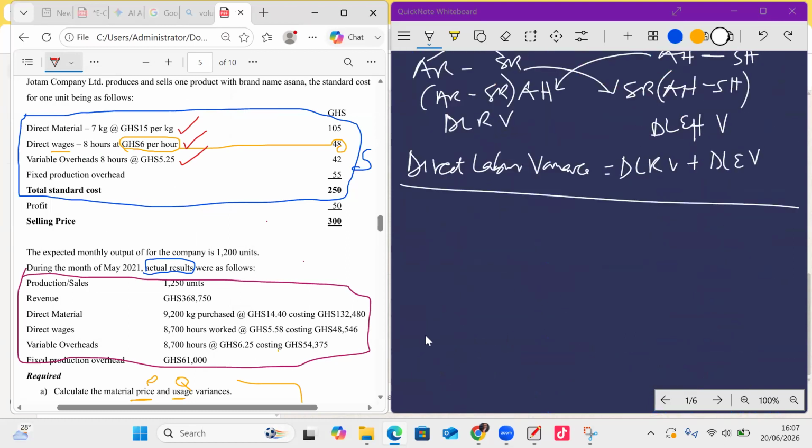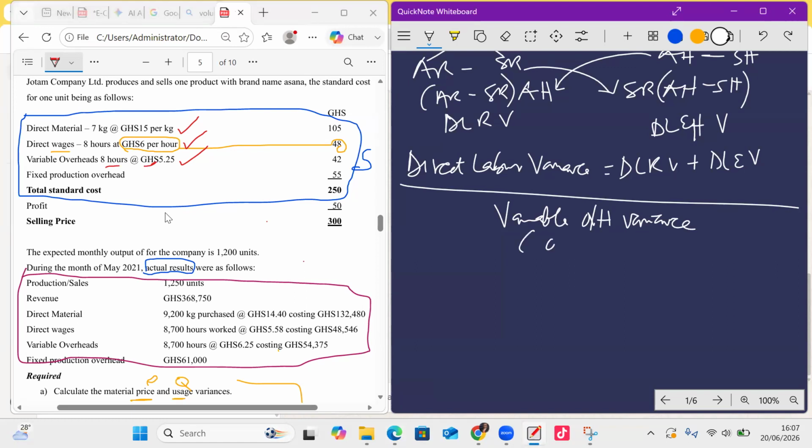So we have here variable overhead variance, OH for overhead. What two factors come together to give us the variable overhead cost? It is hours and the rates. Since it's an overhead, we wouldn't say it's a rate.